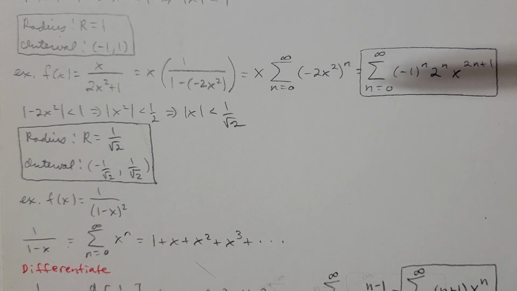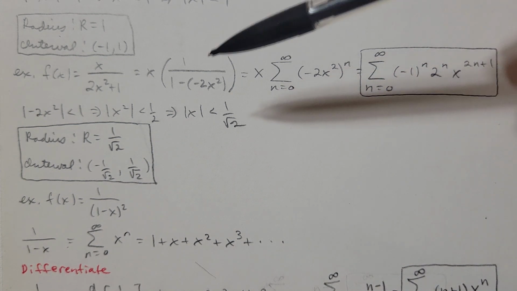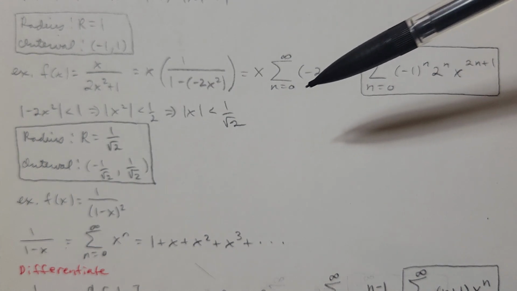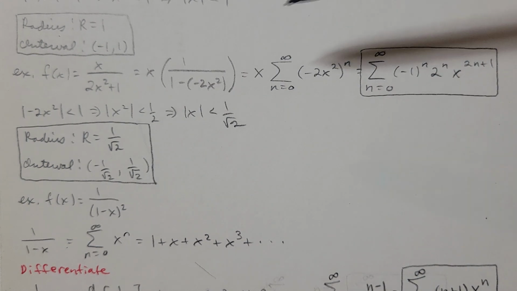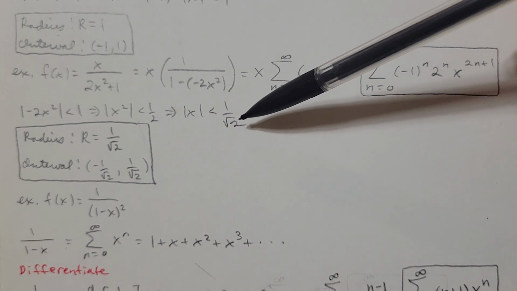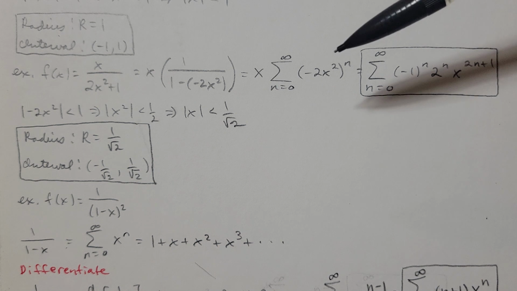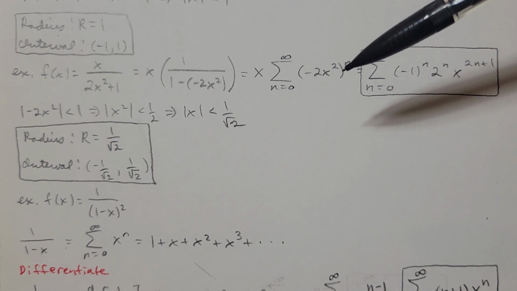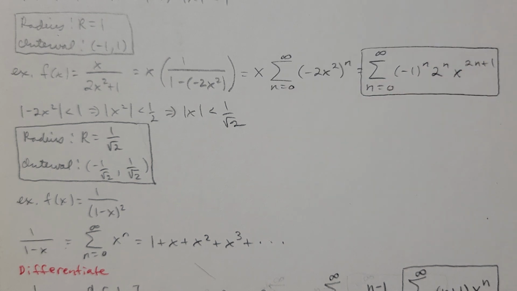And if I take the square root of both sides, and x squared is already positive, so I can lose the absolute value bars there if I want. But the absolute value of x would be less than 1 divided by the square root of 2. That means that negative 1 divided by the square root of 2 would be less than x, which is less than 1 divided by the square root of 2.